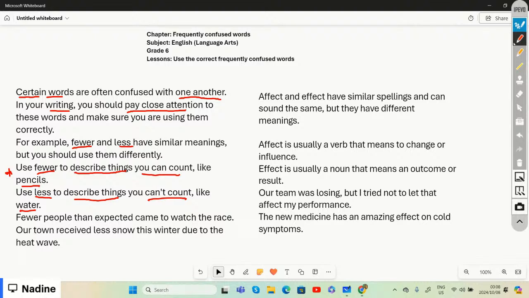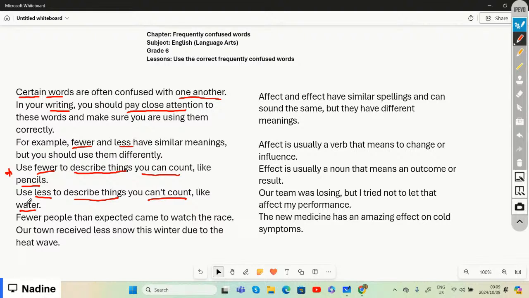So once again, fewer describes things that you can count, all the countable things, and less is for things that we cannot count.